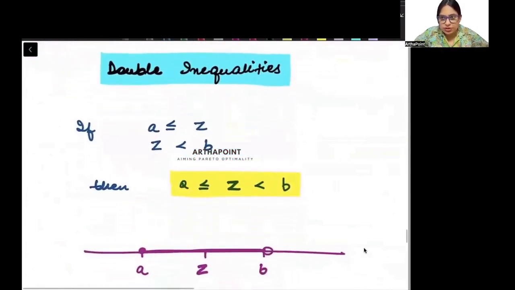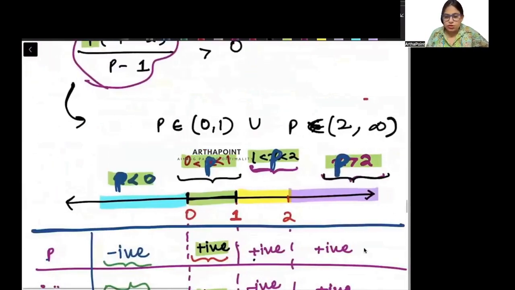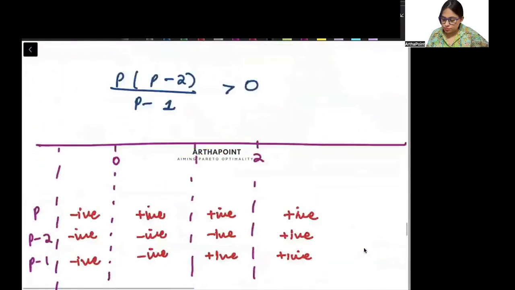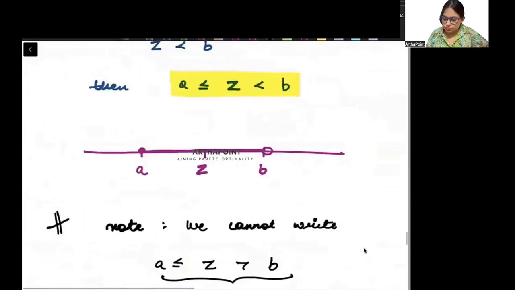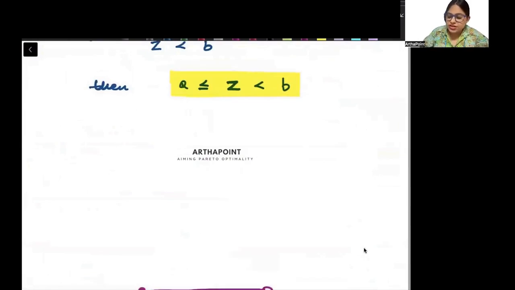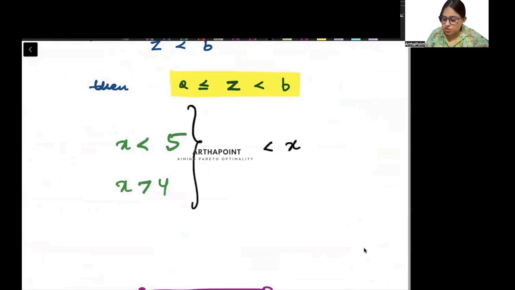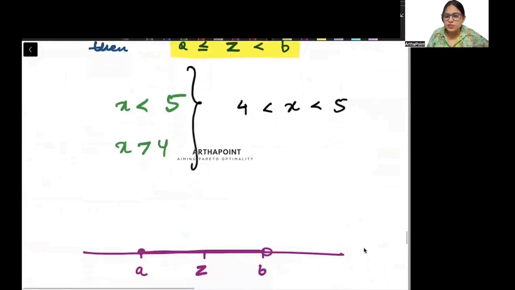Now let's talk about double inequalities. So what double inequality says that suppose I give you two kind of inequalities. Suppose I tell you that x is less than 5 and x is greater than 4. So we can always combine these inequalities together and say that x is between 4 and 5, right?